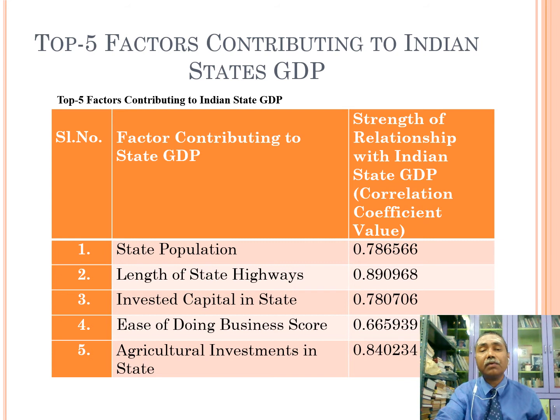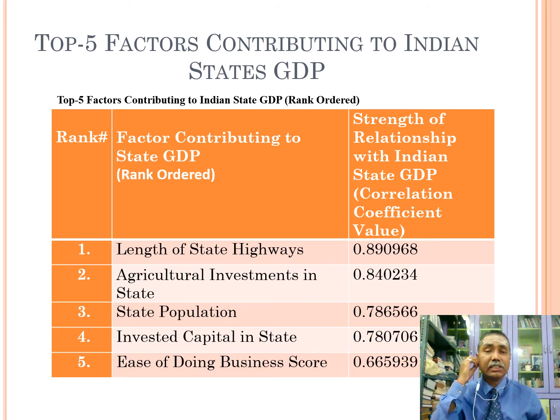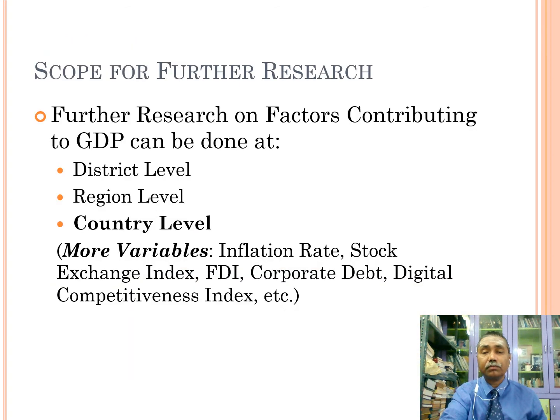This is the rank ordered list. First is the length of state highways, next agricultural investments in the state, state population, invested capital in the state, and ease of doing business score. These are the top 5 factors contributing to the Indian states' GDP. Okay, next, moving on.